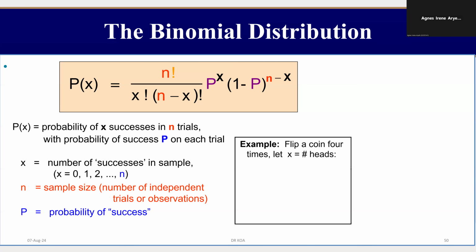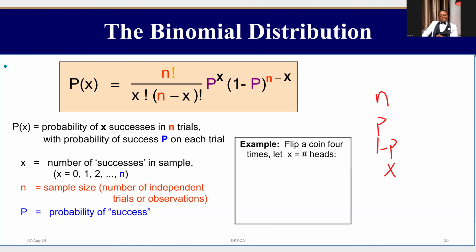Now, once you know that this is binomial, the next thing to do is to identify the elements. First, you identify the N, the P, the 1 minus P, and then the X. So in this question, what is N, the sample size?